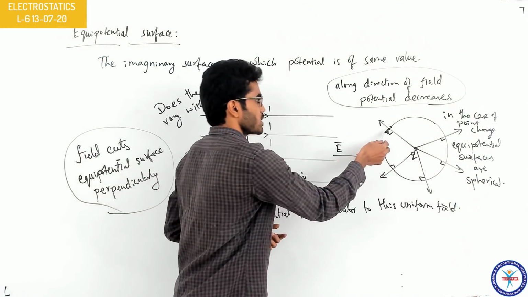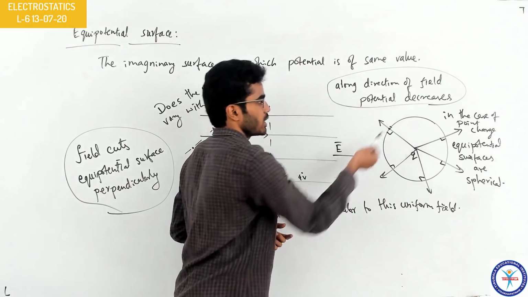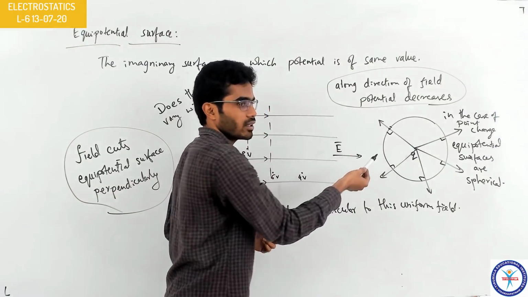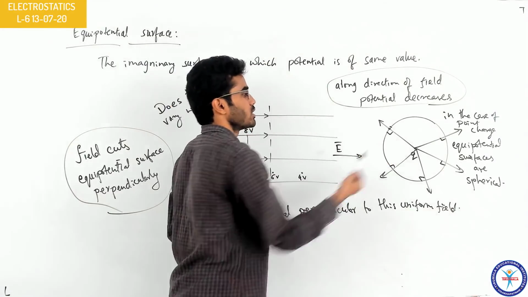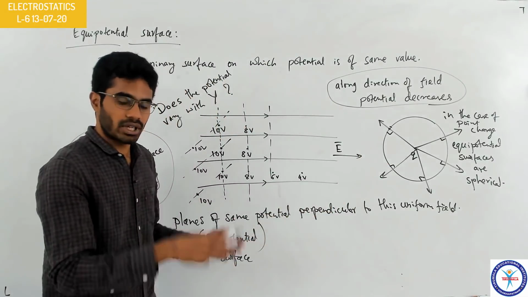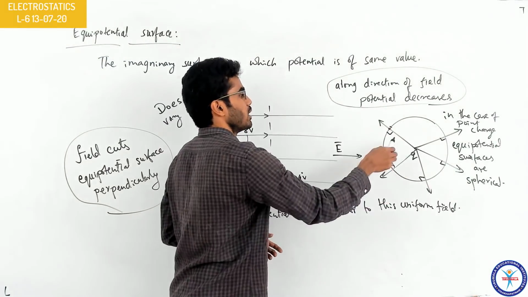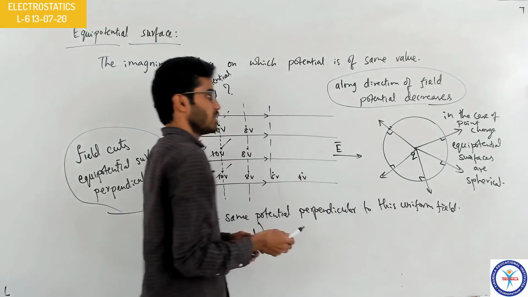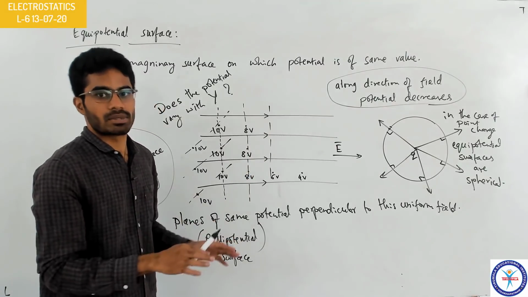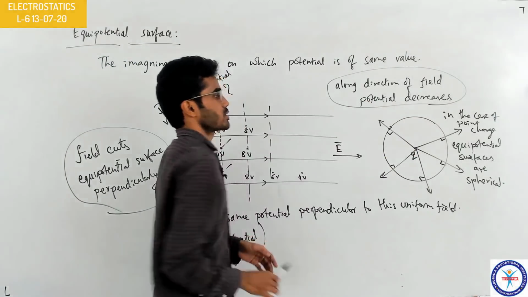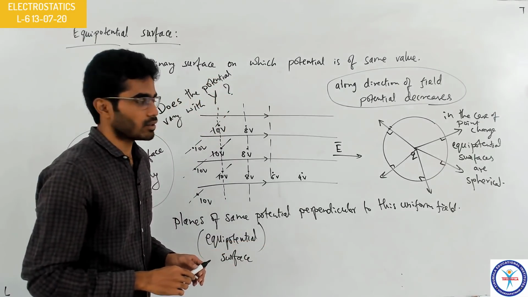So if the field is present in the tangential direction also, some component, it means that the potential is not the same. But for equipotentials, potentials have to be the same at all points. So that is why the field is completely absent along the tangential direction. It is present only along the normal direction, right?